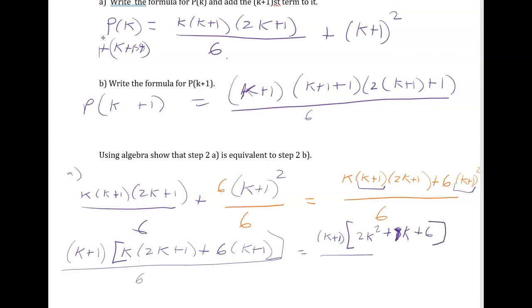Now, look at this. I got this over 6. I've got a k plus 1 here, a k plus 1 here, a 6 here. If I could just show that this up here was the same as this, I would be done. So what you do next is you work up here, because it looks like maybe if I multiply all this out, I should get this same thing here.